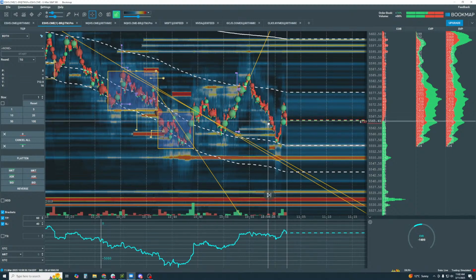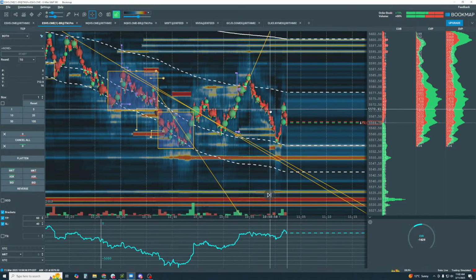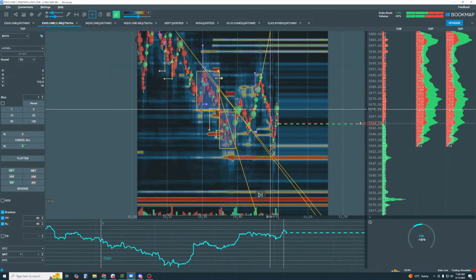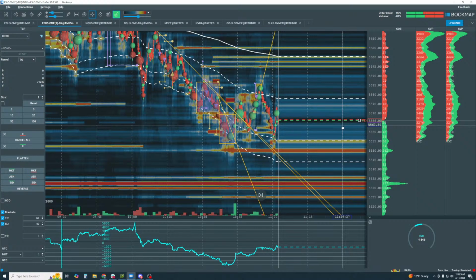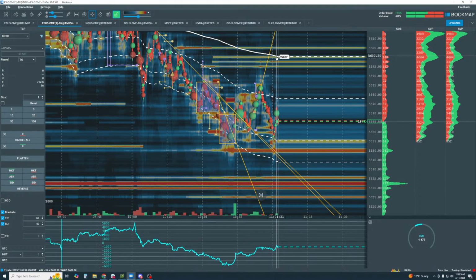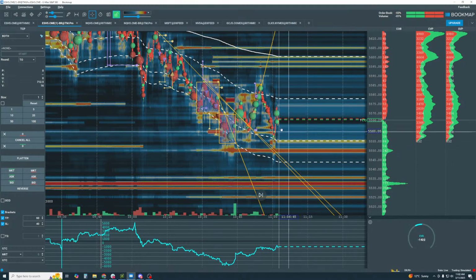All right, not much happening at the moment. On our higher time frame, we're way below VWAP in here. As you guys can see, it's up here around 5,600.